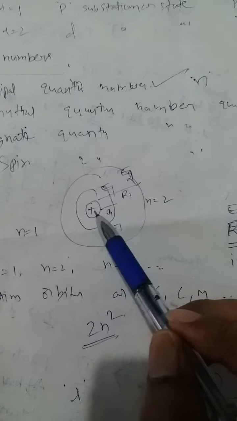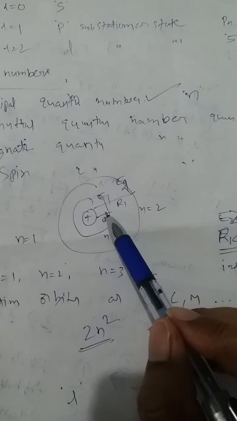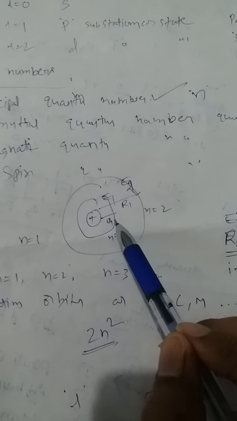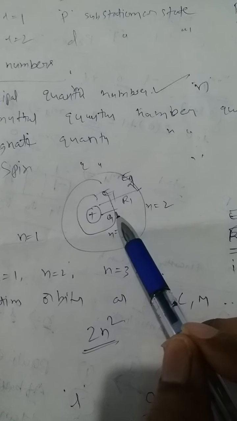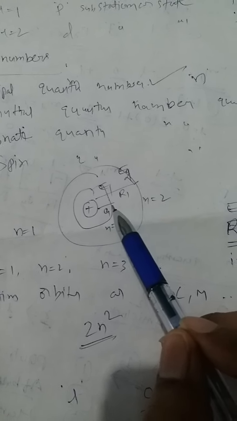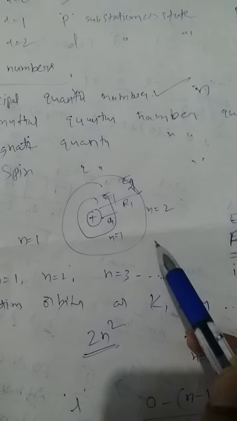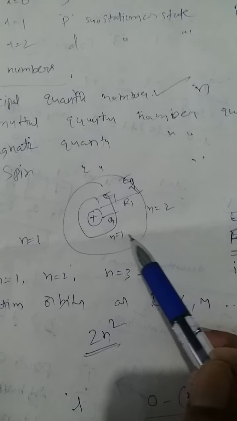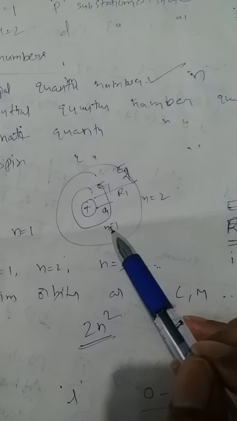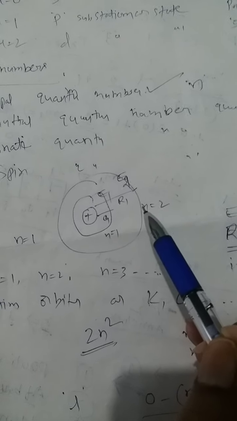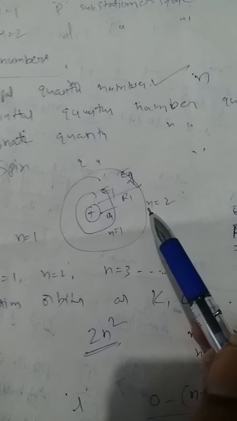According to Niels Bohr, as the principal quantum number n increases, the stationary orbit size and energy both will increase. This is the first stationary orbit, this is the second stationary orbit. n equal to 1 is the principal quantum number of the first stationary orbit, n equal to 2 is the principal quantum number of the second stationary orbit, and so on.